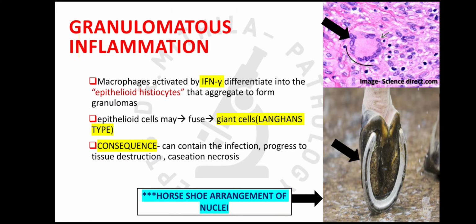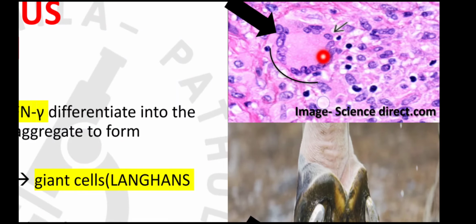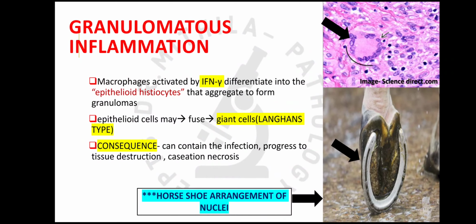So epithelioid histiocytes are the histiocytes or macrophages which assume an epithelioid or slipper shape, this elongated spindle shape, and sometimes they also fuse to form giant cells, and in that giant cell the nuclei are arranged in the periphery in a horseshoe shape manner. So you know that the shape of horseshoe is like this, and in this Langerhans giant cell also the nuclear arrangement is in the form of horseshoe.